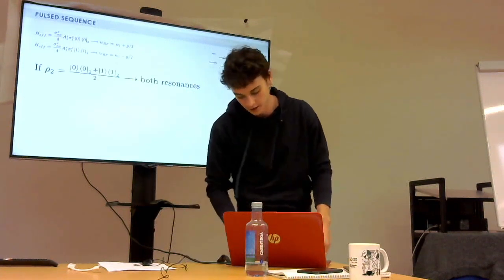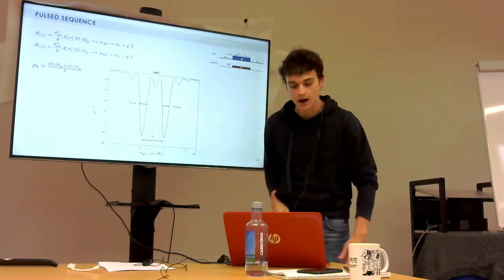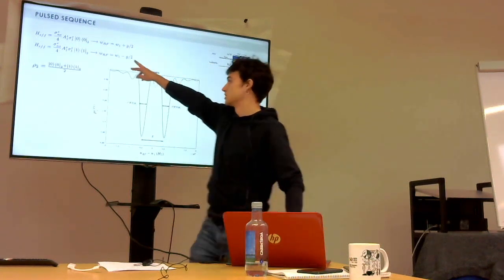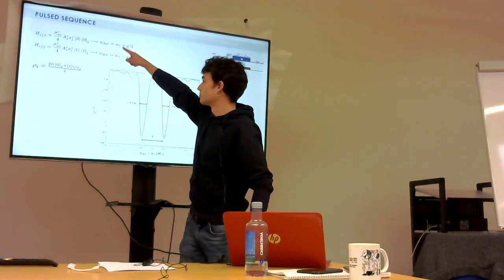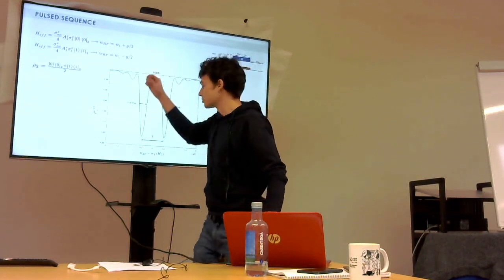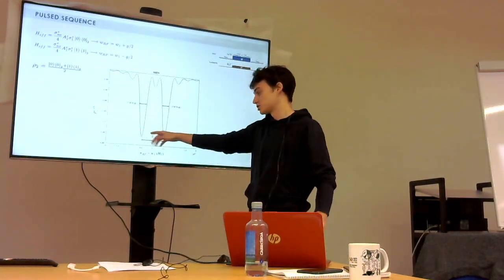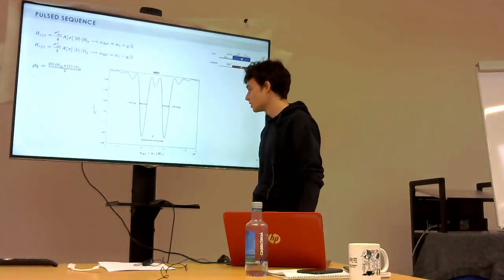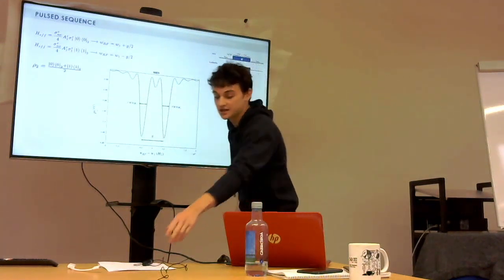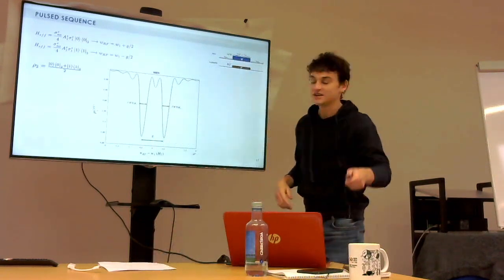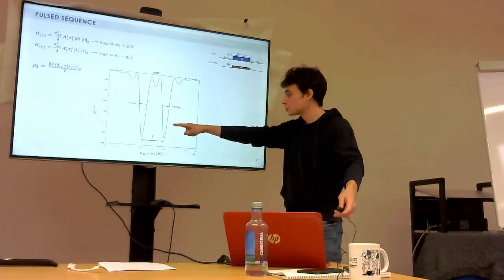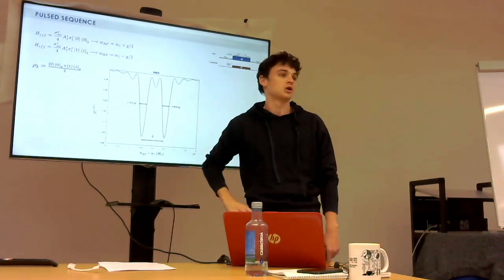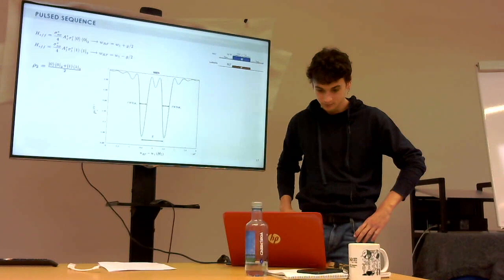And if we simulate this, this is actually what we see. And notice how the difference between both resonances is actually the value that we are looking for, G. So if in the experiment we carry out this kind of analysis and we find these two peaks, the only thing that we need to do is measure the distance between the two peaks, and this in principle should give us the value of the coupling constant that we're looking for.